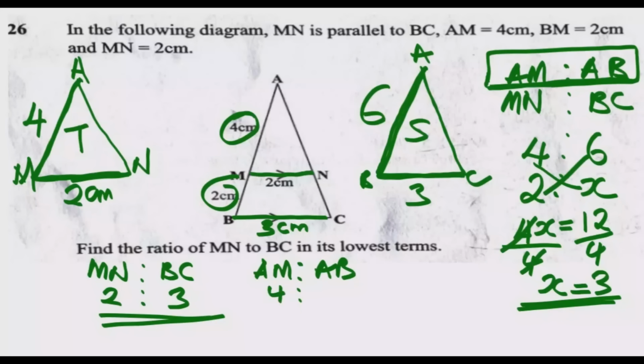We add 2 plus 4, which will give us 6, or you can get it from this triangle I drew here. Then what do we do? We find a number that can go into 4 and 6, which is 2. Then we divide that, which will give us 2 into 4 will go 2 times. 2 into 6 will go 3 times. So we can even use those sides to get the ratio.